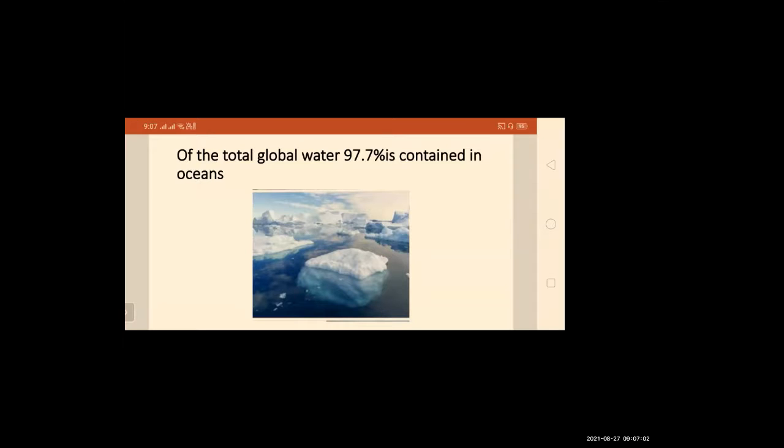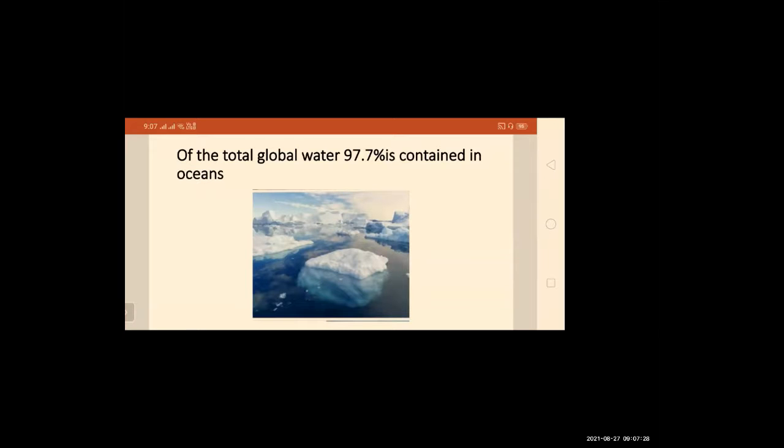From that total global water, 97.7% is contained in the ocean. See, this is the important point. Means we have too much water on the earth, but of all the total water, 97.7% is contained in the ocean.